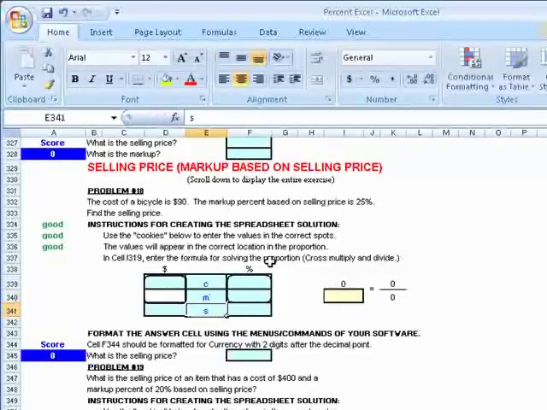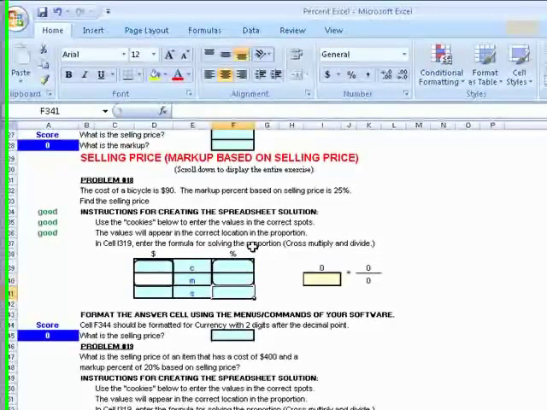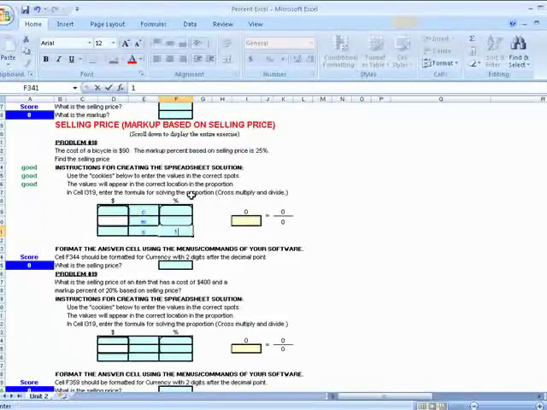Okay, the selling price is $100. Find the selling price, so we're looking for this spot right here. If the markup is 25%, then the cost must be 75%, and so that's where the $90 goes.